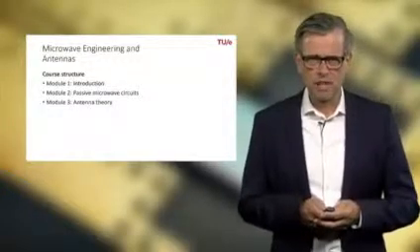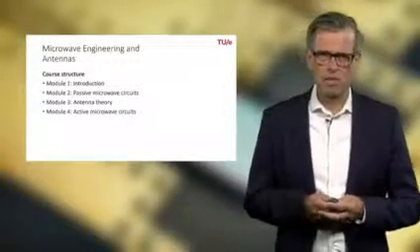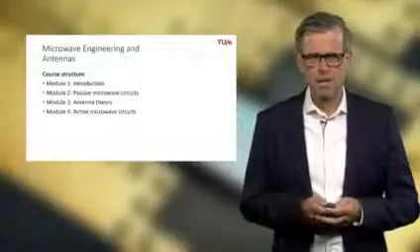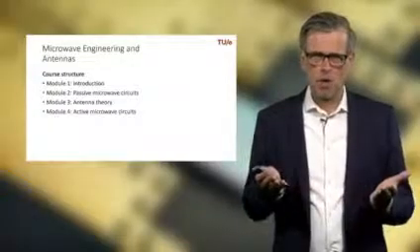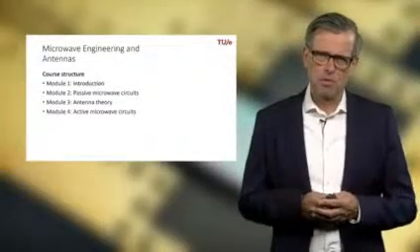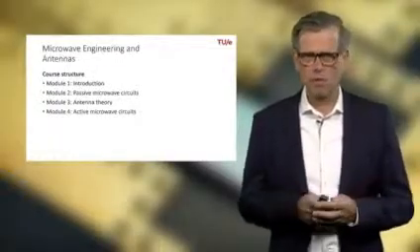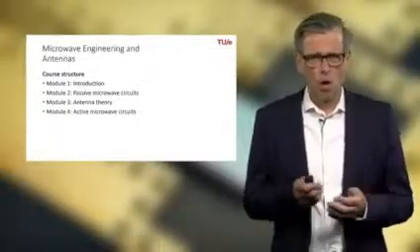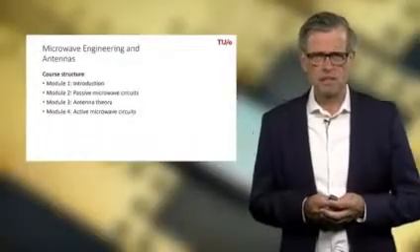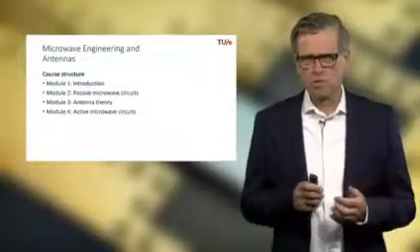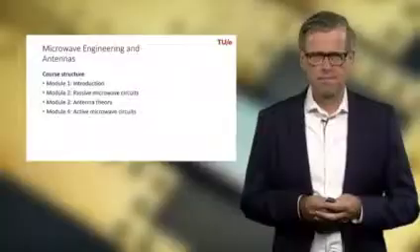We will continue with antenna theory and we will conclude with active microwave circuits. In principle, if you want to finish the course with an exam, then you need to follow all 4 modules. But if you want, of course, you could decide to only follow 2 or 3 modules.